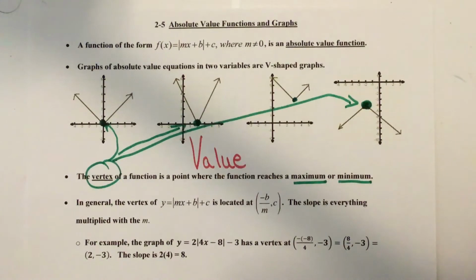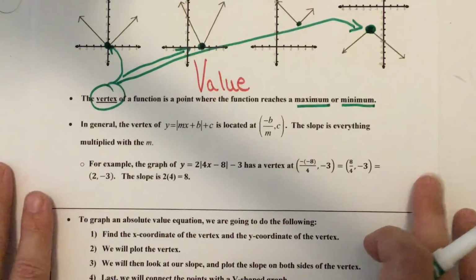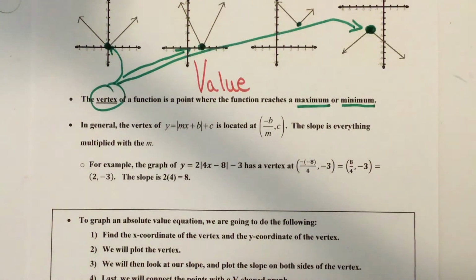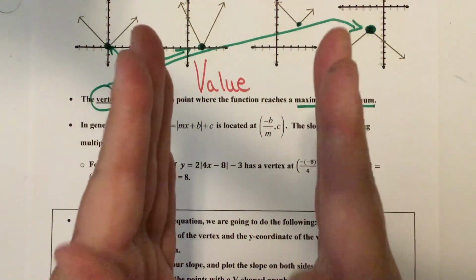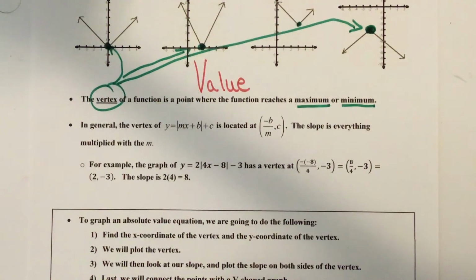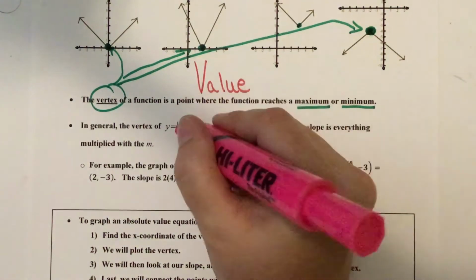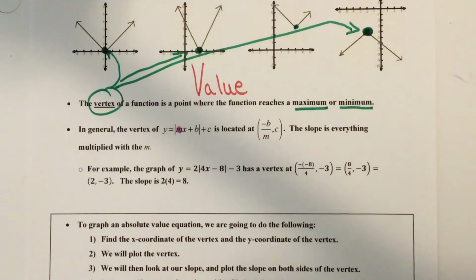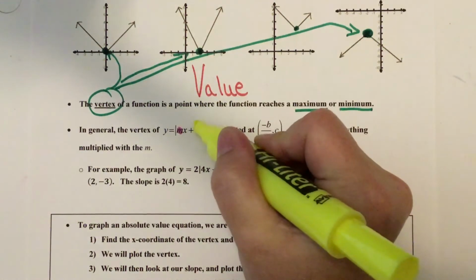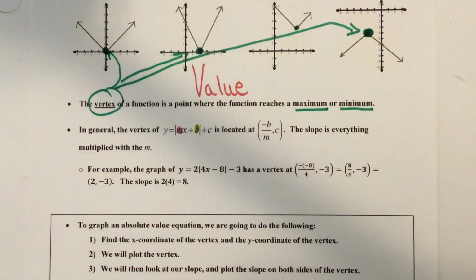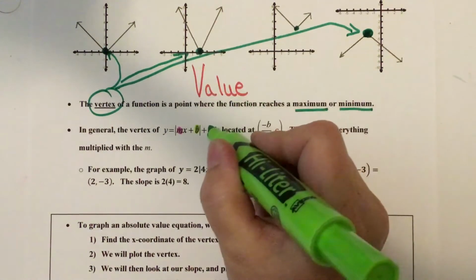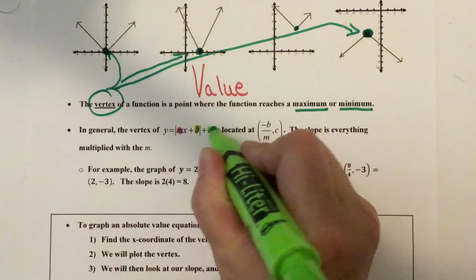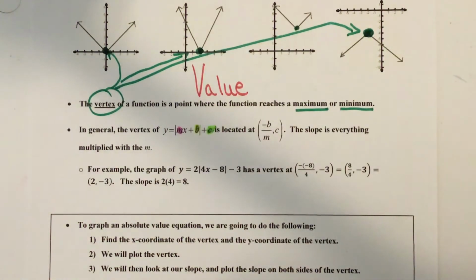Okay, so in order to graph these, we need to know a formula, and you need to know where all your letters are located. First of all, you're going to see absolute value bars, and the M is going to be inside the absolute value bars, and it's going to be smushed with the X. The B is going to be inside the absolute value bars, but behind the X. And the C is going to be outside of the absolute value bars, either added or subtracted from the problem.